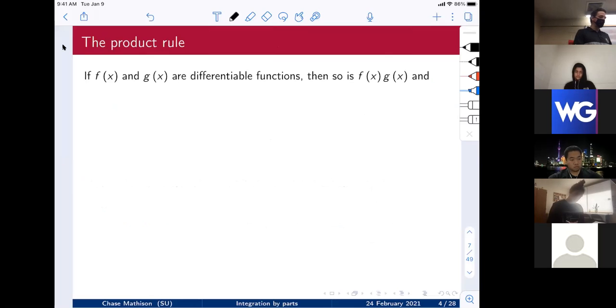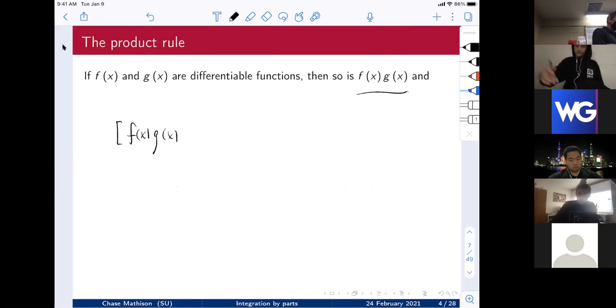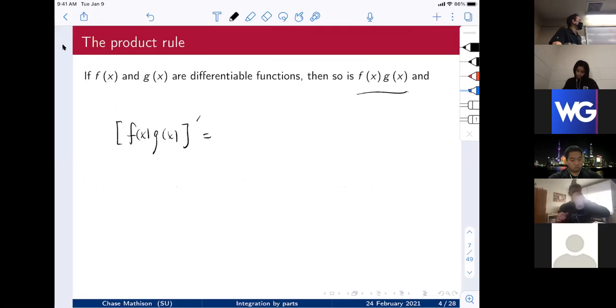If f of x and g of x are differentiable functions, then so is f of x times g of x. And we have f of x times g of x prime is equal to, what do I get when I take the derivative of f of x times g of x? Mark, what do we get?